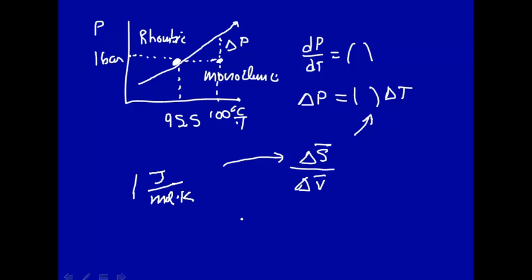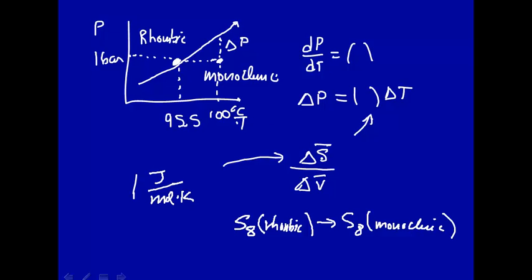And just to be clear, the phase transition we're looking at is S8, the form of sulfur with 8 sulfur atoms in a molecule, in the rhombic phase, goes to S8 in the monoclinic phase. So delta S refers to the partial molar entropy change, and delta V refers to the partial molar volume change.